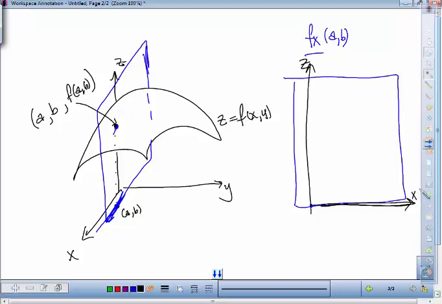I'm looking at this plane from the negative y-axis. So in 3 dimensions, pretend that you walk over here in the negative y-axis and you look at this plane. You look at the blue plane, and this is what you'll see, right?